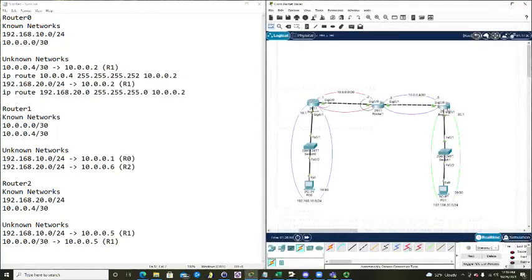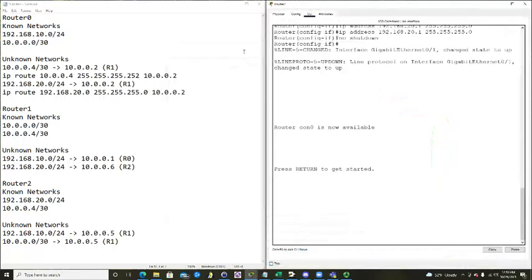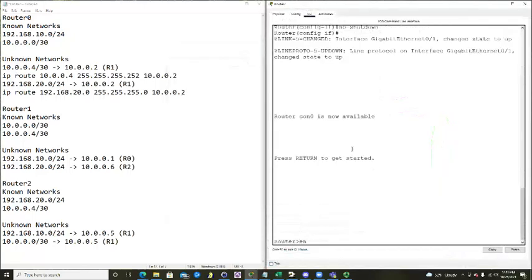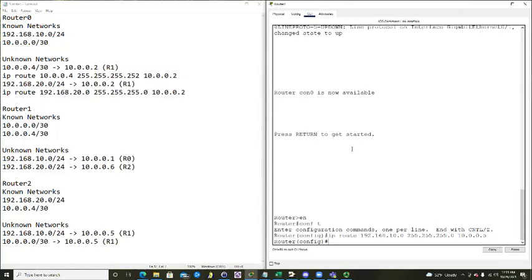And then the final router that we need to worry about is our router 2 here. Same thing, we'll go into global configuration mode, and we'll write our routes here. We're going to tell it about the 10.0 network, how big that network is, and if I want to get there, we send any traffic over to router 1 at 10.0.0.5.